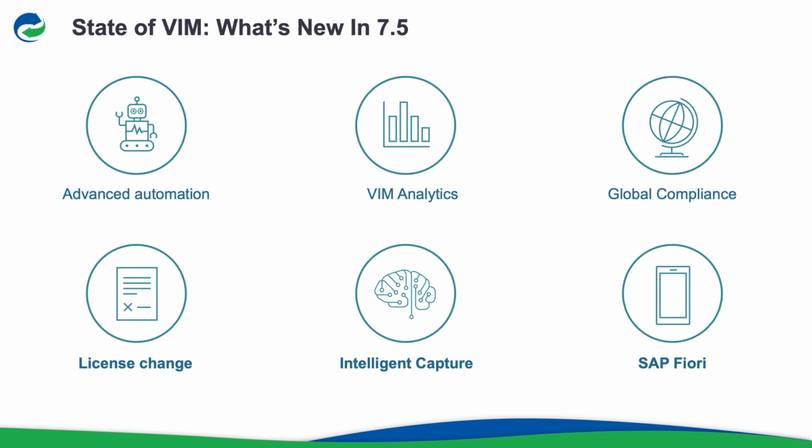So there's a new framework that's being introduced, which is more under the hood, called logic modules, that will allow you to default and automate even more data. So it provides a lot of flexibility under the hood, but may not necessarily be very visible to the end user, but it provides a lot of value.